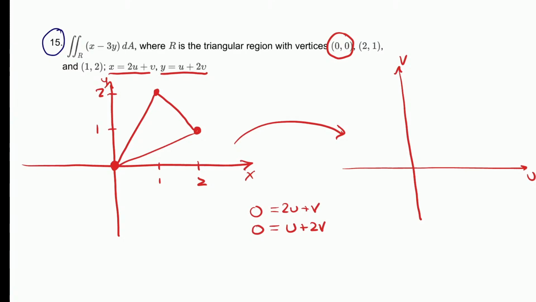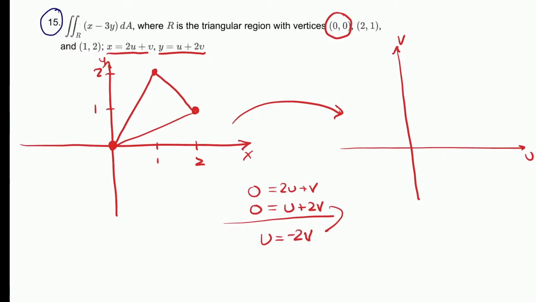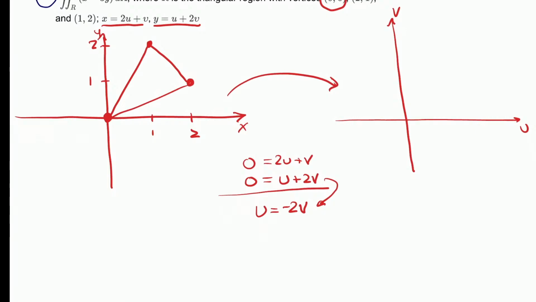So it looks to me like if I solve these two equations with two unknowns, let's see, this would be u is -2v, that's this one, and then plug that into the first equation, because I know you guys like substitution better than elimination, even though elimination is far superior.